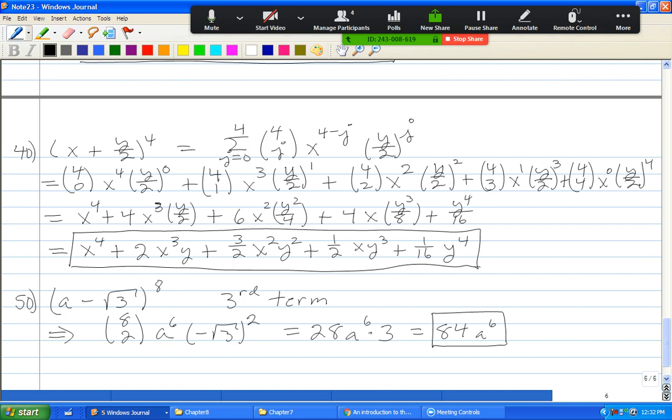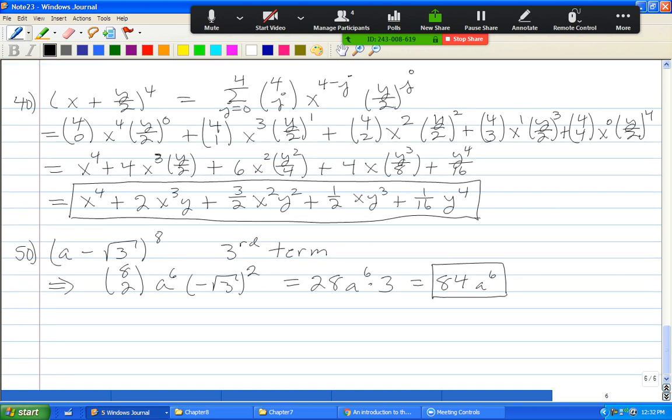Let's do problem number 58. So a minus b to the power n is asking for the fifth term. And so let's find the fifth term here. So we have an n, and again we start counting at 0.